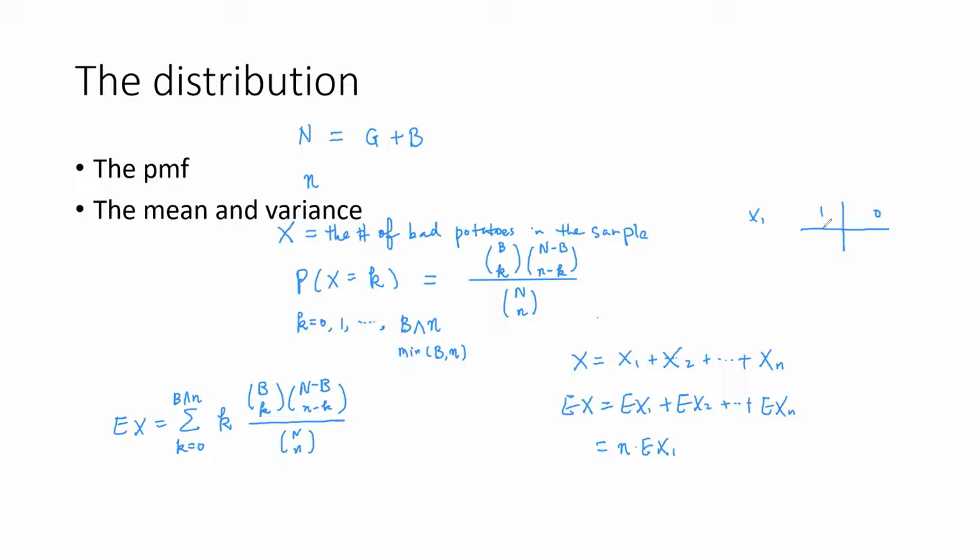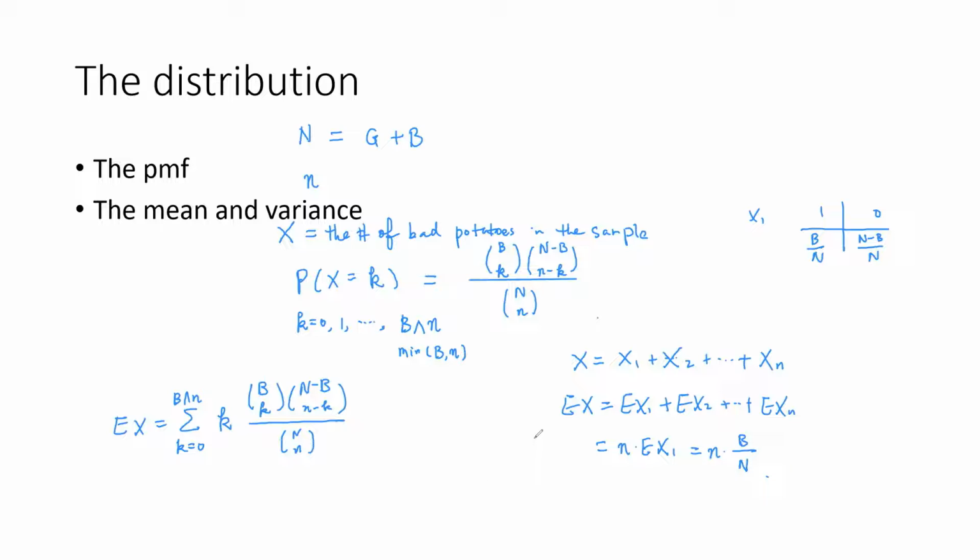The probability that the first potato selected is a bad potato is capital B out of total N, and the probability of 0 is N minus B, or capital G, over capital N. The expectation of a Bernoulli is simply the probability of taking value 1, so it's B over N. So we have n times capital B over capital N. So this is the mean.